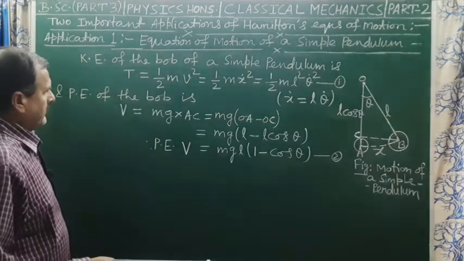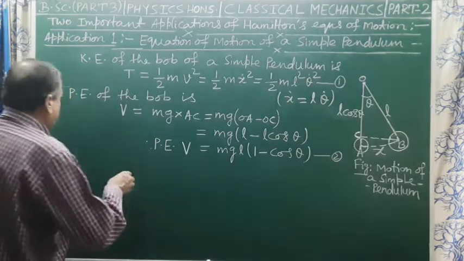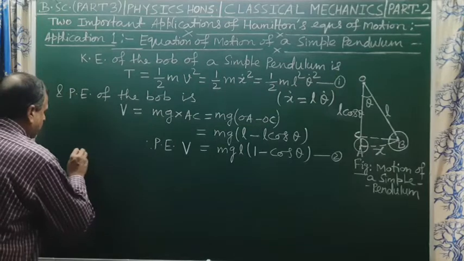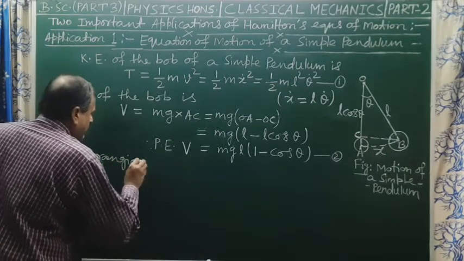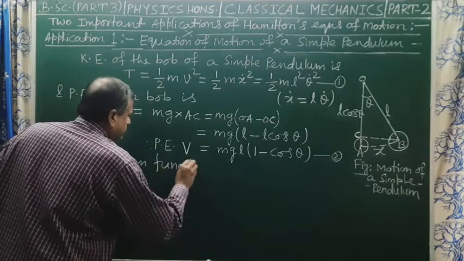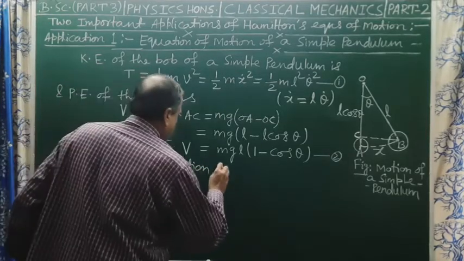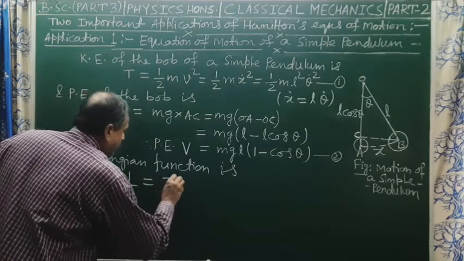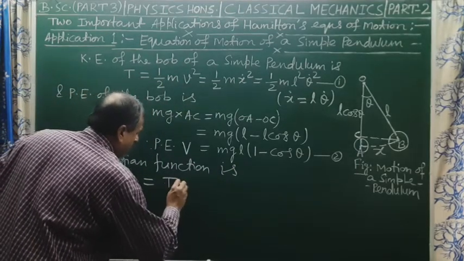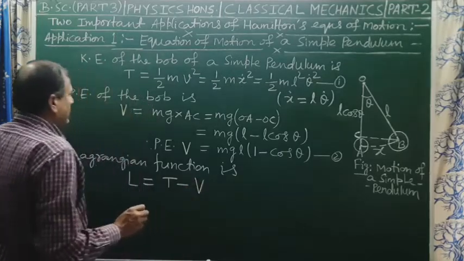Hence the Lagrangian function is given by L equal to the difference between kinetic energy and potential energy, T minus V, and both are here.